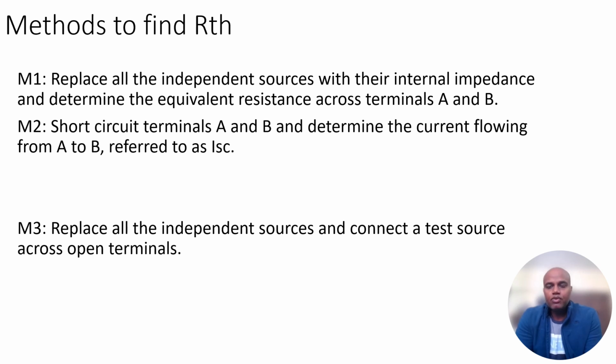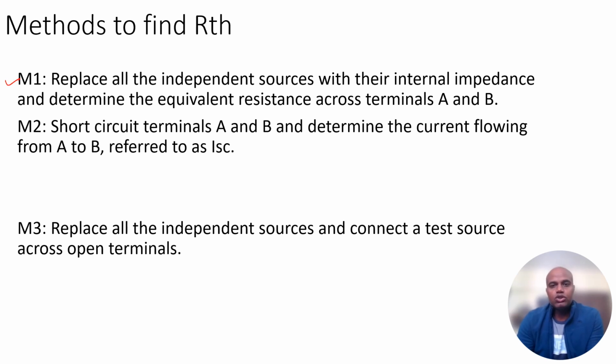Method one: if we have a given circuit, we can replace all the sources, that is the current sources or the voltage sources, whatever sources are in the circuit, with their internal impedance, and then the equivalent resistance can be found out. While replacing the sources with their internal impedances, the voltage source becomes a short circuit and the current source becomes an open circuit. Why so?